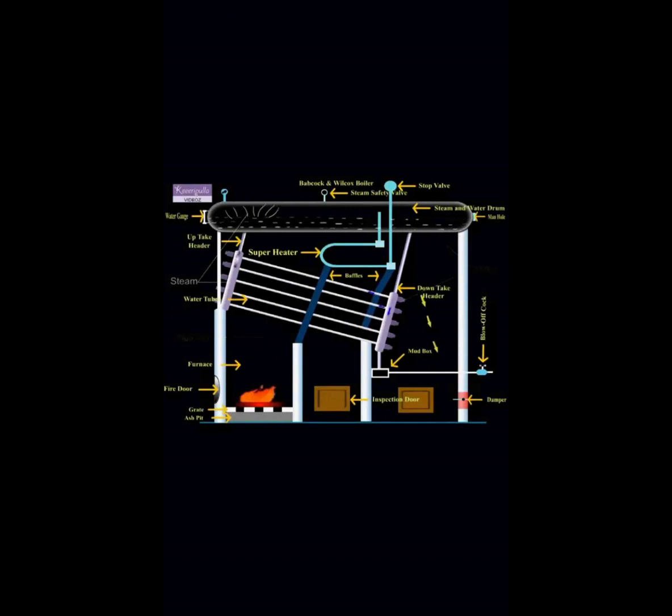Baffles are arranged in such a manner as to deflect the hot gases from the grate and force them to move in the upward and downward directions. The hot gases rise upward, then downward, and then rise up.